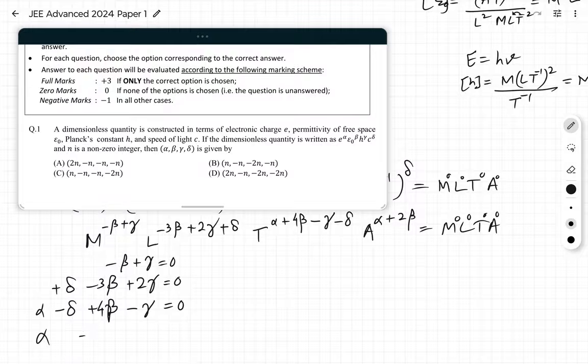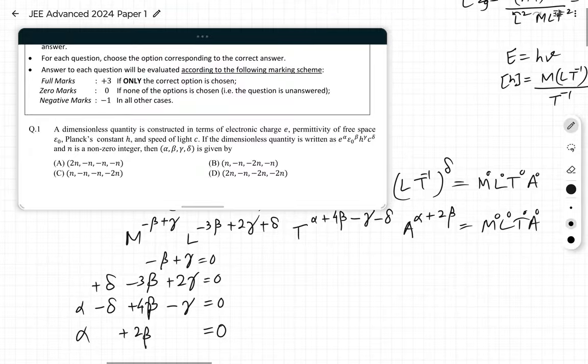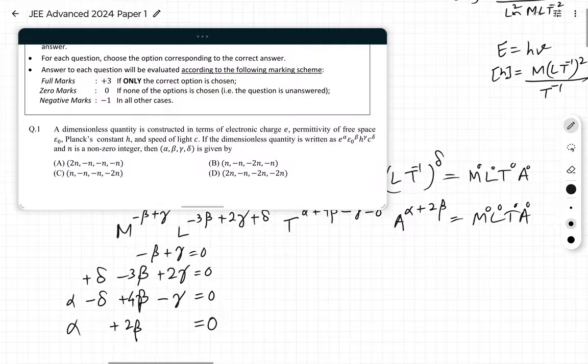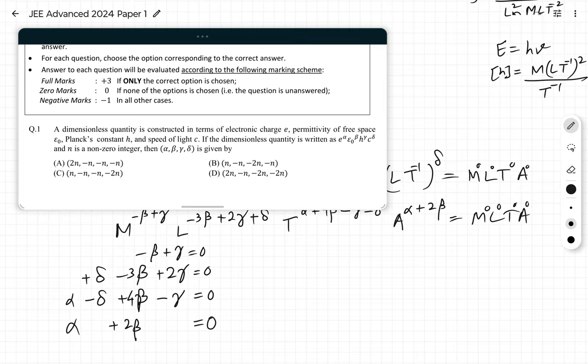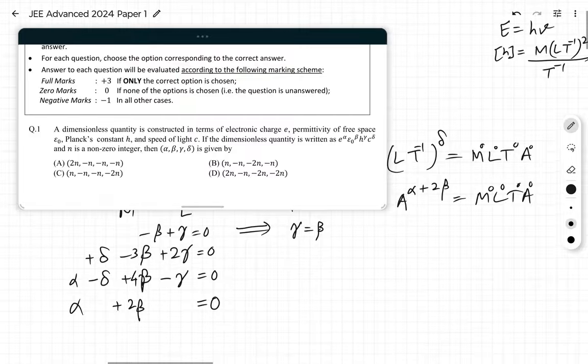Alpha plus 2 beta equals 0. So let's try to simplify this. Some simple relations that we see is gamma is equal to beta. So in order to simplify this, let's use these equations.